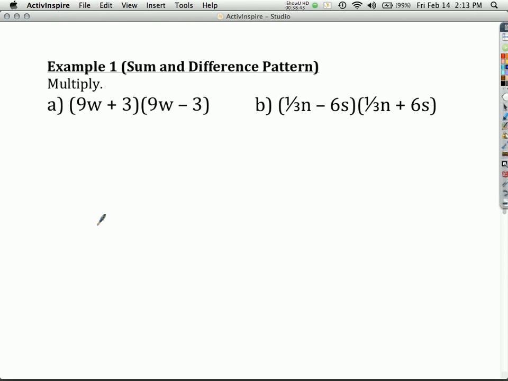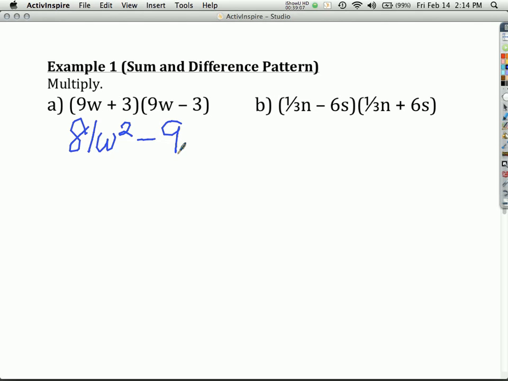Okay, some of you. Good. And what do you think it's going to be? Yep. This is a sum and difference pattern.